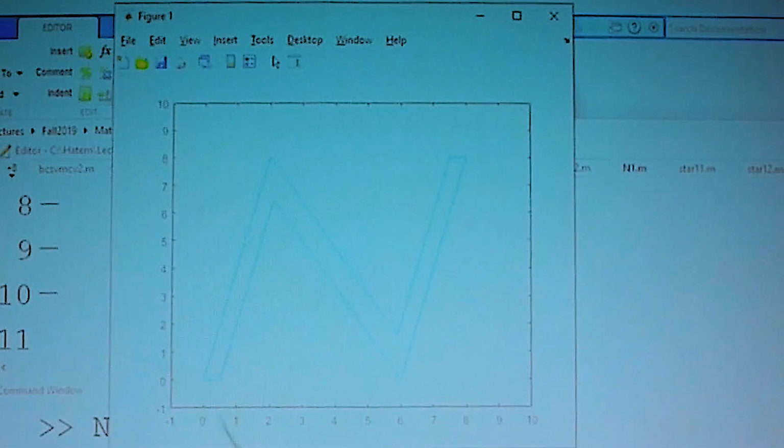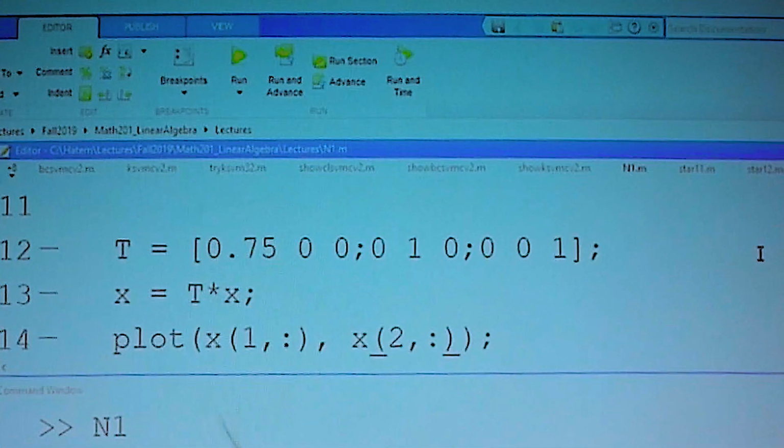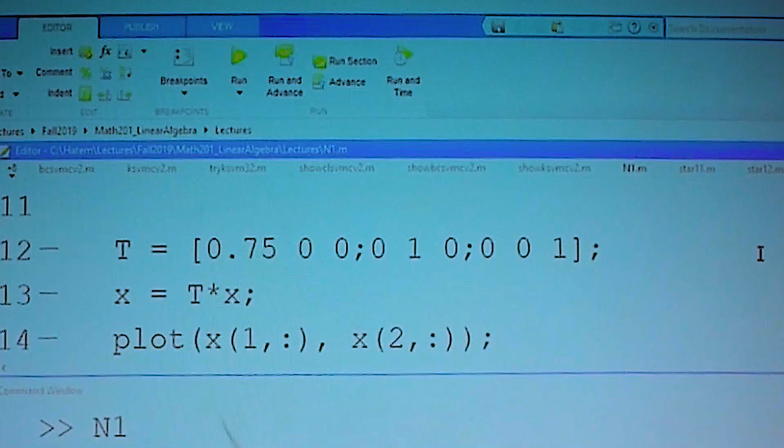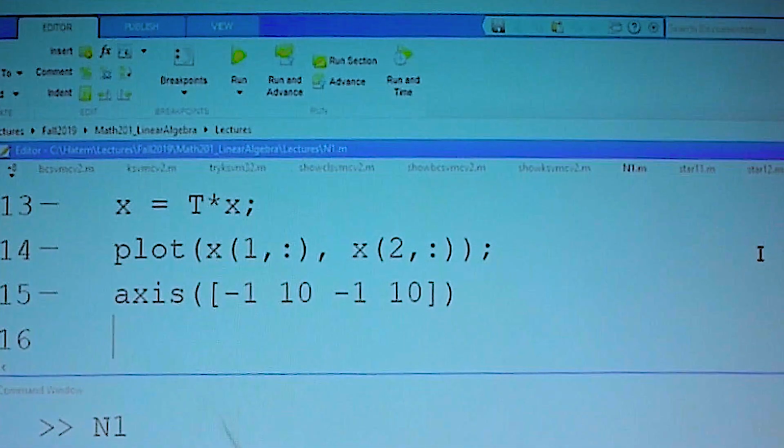We get the italic N. And then the last transformation is the scaling. So this is the scaling in X by 0.75. And again T times X to get the new X and so on.